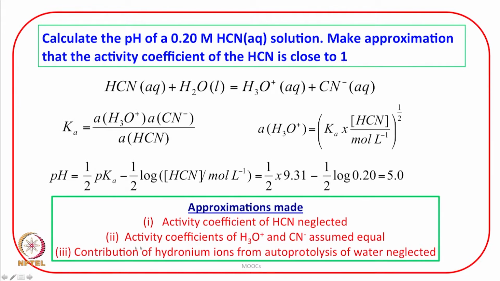So, that is why it is important to keep in mind the approximations made, because if we are interested in doing very accurate calculations, we cannot ignore the values of activity coefficients, because after all we are dealing with ionic solutions over here.